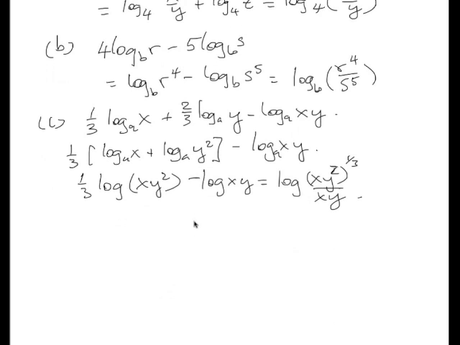Okay, all right, so I think the best way to write this, then, is the log, and these are all in base a, base a of the cube root of xy squared over xy would be my result.